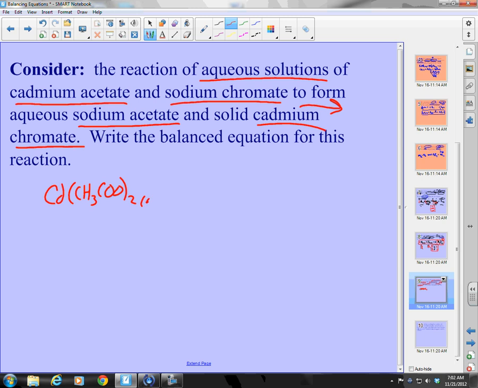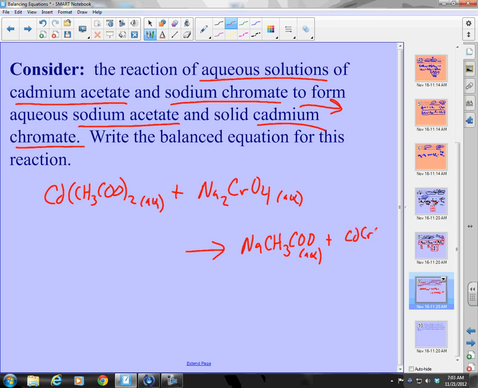It's an aqueous solution plus sodium chromate, Na2CrO4 aqueous to yield, to form what? Sodium acetate, NaCH3COO aqueous, plus cadmium chromate, CdCrO4, and what is it? Solid. There we go. Holy cow, look at this.